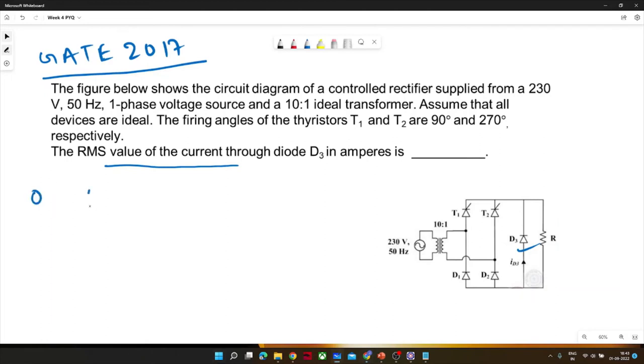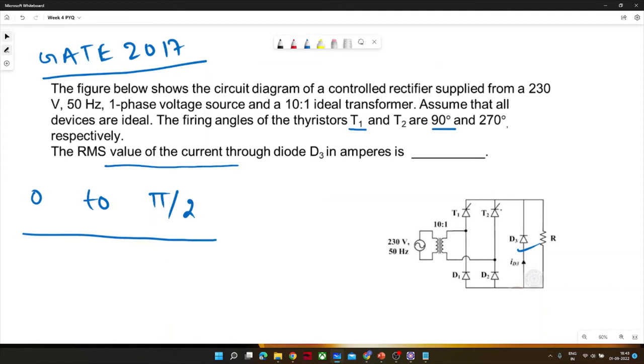From 0 to 90, or pi by 2, which devices would conduct? T1 and D2, ideally it should conduct, but T1 has the triggering angle of 90 degrees. So T1 would not conduct before 90 degrees, right?